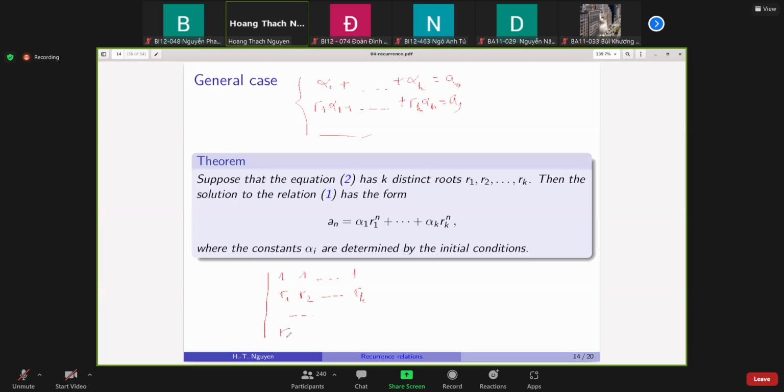So this should be 1 to the power k minus 1, r2 to the power k minus 2, and here we will have rk to the power k minus 1 on all the bottom row here. So you can prove that this determinant is non-zero. So it is a little bit of linear algebra here. So a small exercise for you.